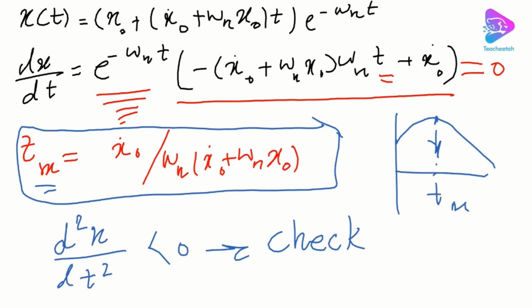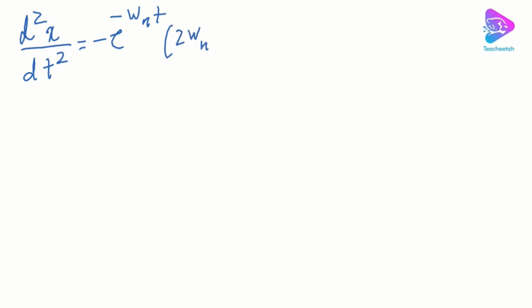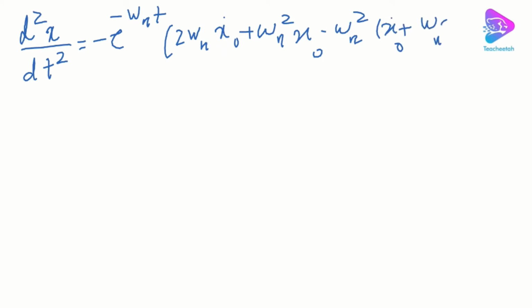Okay. So if we find the second derivative, as you can do through your math knowledge of finding the derivative of an equation, d2x over dt2 is equal to, I just write the final expression, minus e to the minus omega n t times 2 omega n x dot naught plus omega n squared x naught minus omega n squared x dot naught plus omega n x naught times t, and that's it, right?